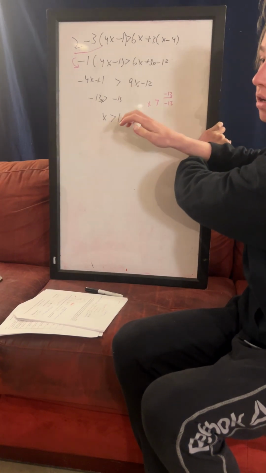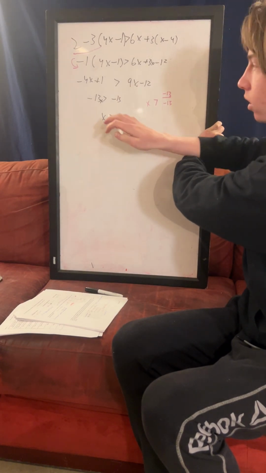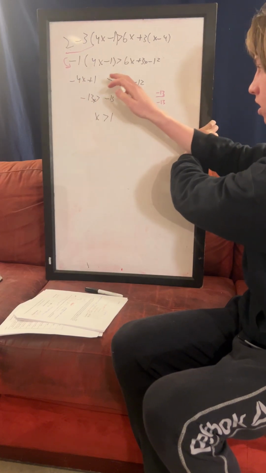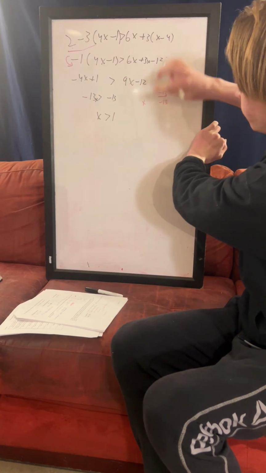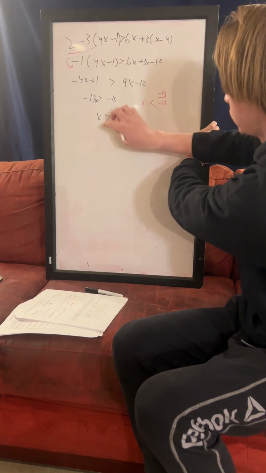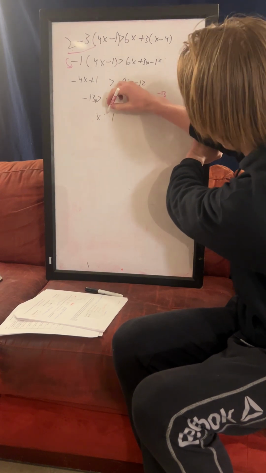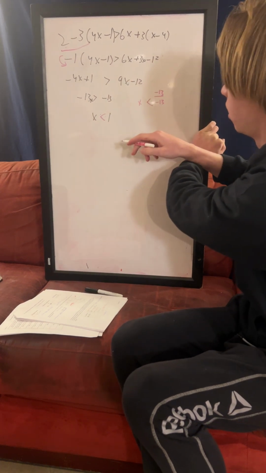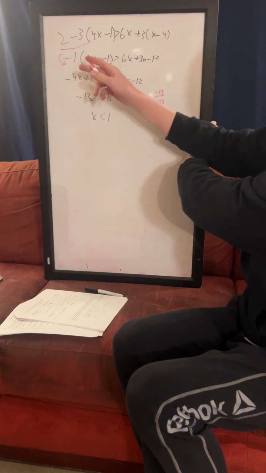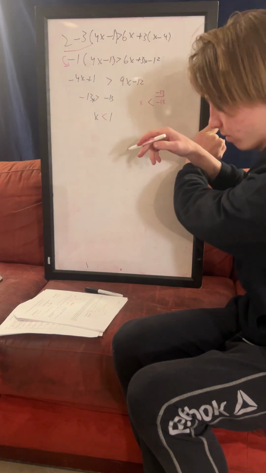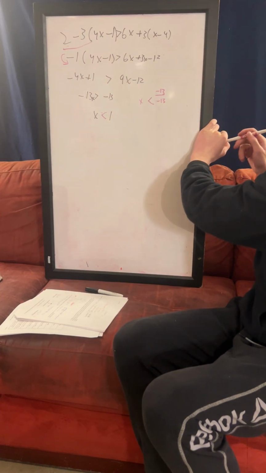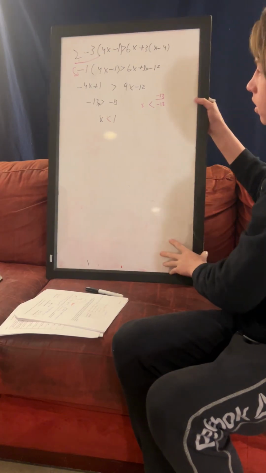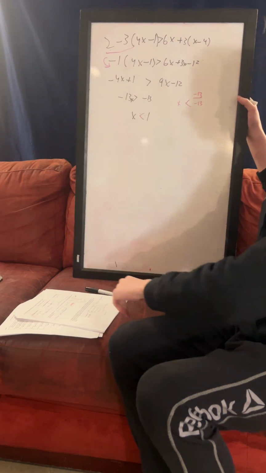But when you divide by a negative, in this inequality situation, you have to flip the sign. So this would actually be x is less than 1. Now that's not right, because this is wrong, and then you'd have to do the whole problem again. So those are the two issues with their solving of this problem.